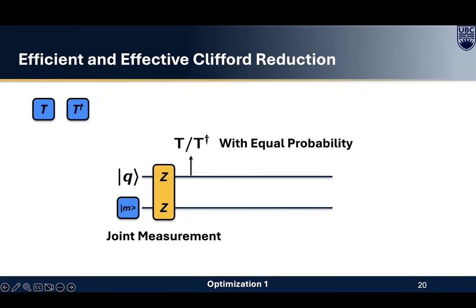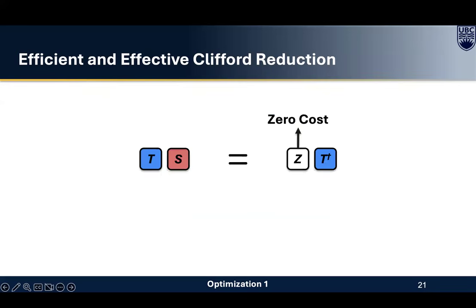So if the gate you're trying to get is not the same as the one you're actually getting, you can just correct this with another Clifford gate. By doing this, you can see that from the implementation or execution perspective, the T and T dagger gates have the same cost.